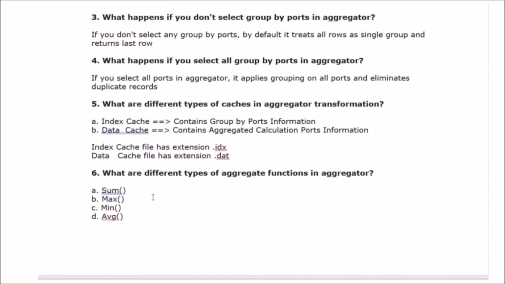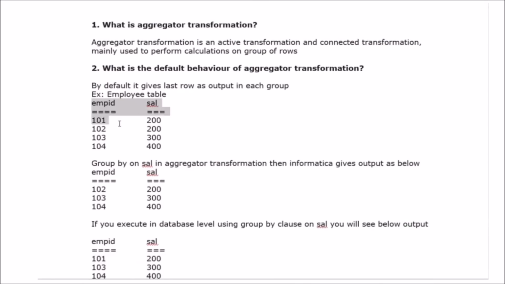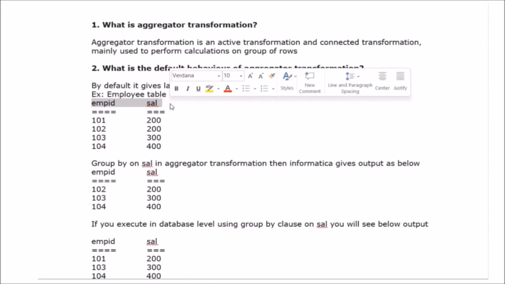The next question: what happens if you don't select group by ports in aggregator? If you don't select any group by ports, by default it treats all rows as a single group and returns the last row. For example, same thing I'm giving, this is the example only. So I have duplicates and everything, but I haven't selected any field under group by in aggregator.